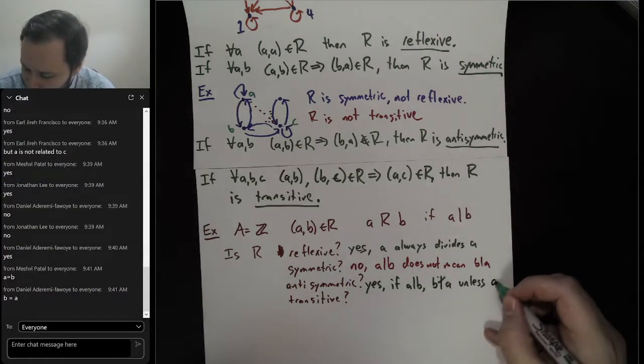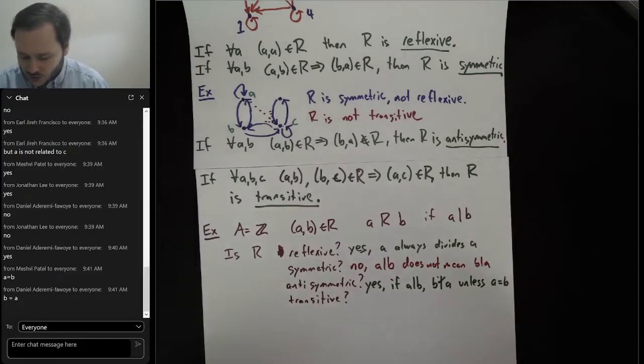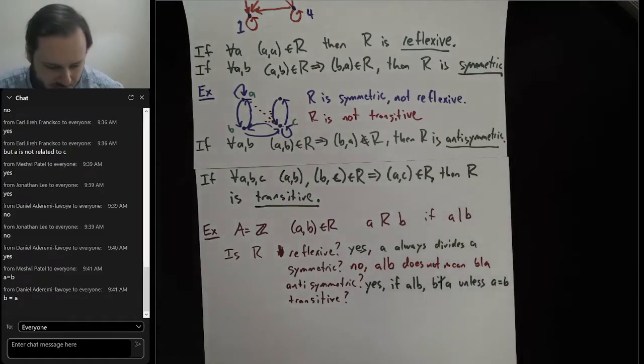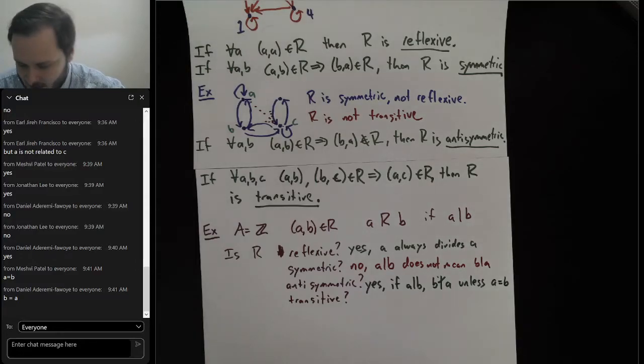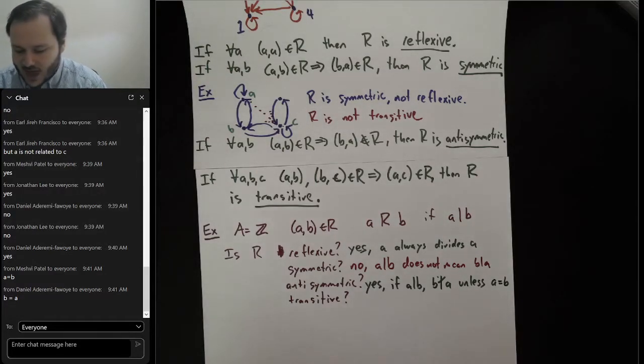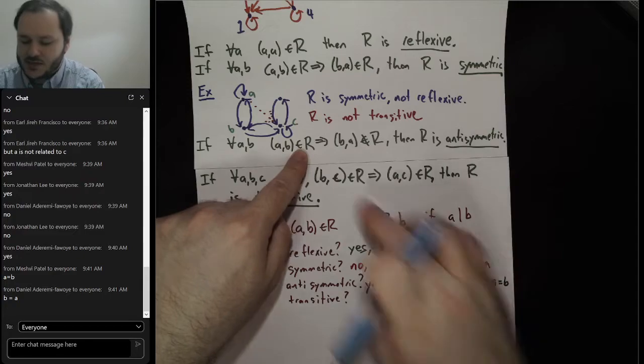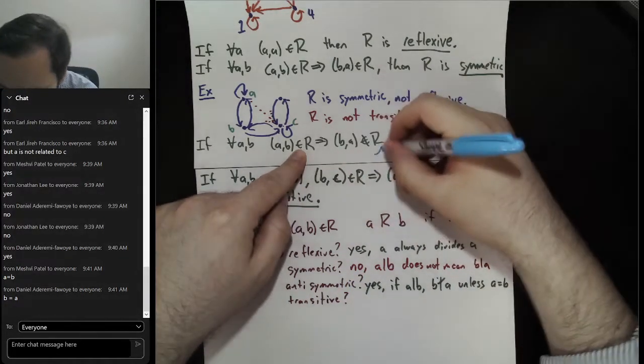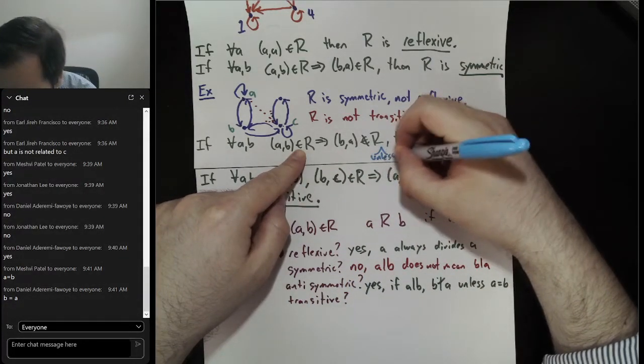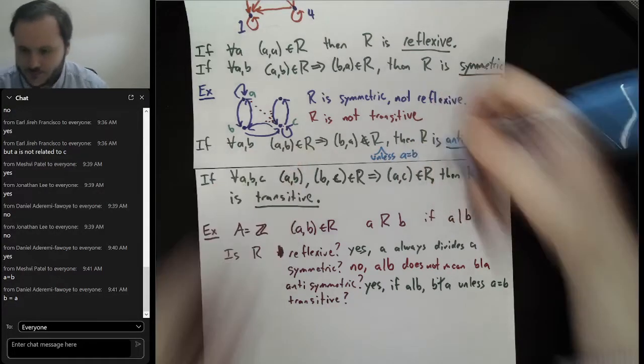Unless A is equal to B. And I should have included that in my definition of antisymmetric, so let me go back and add that. If A is related to B, then B is not related to A unless A is equal to B.